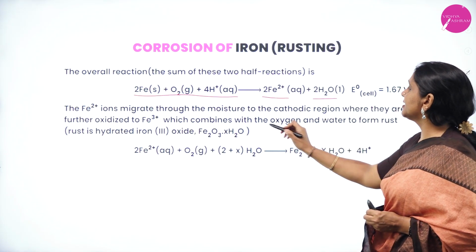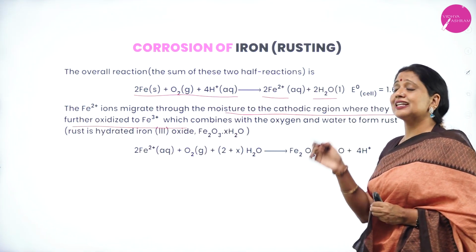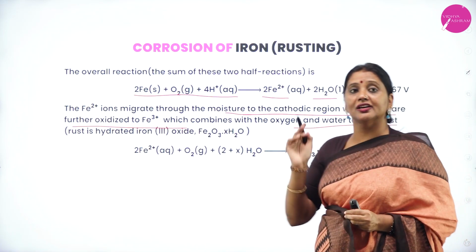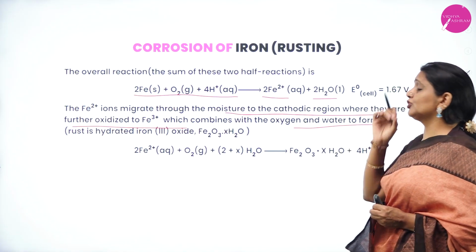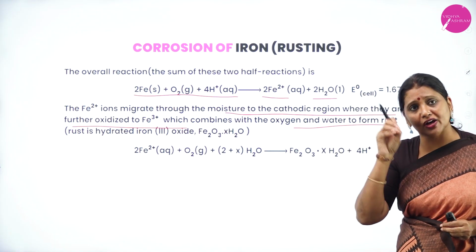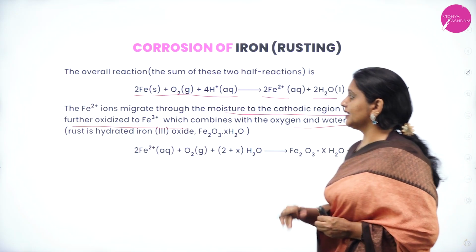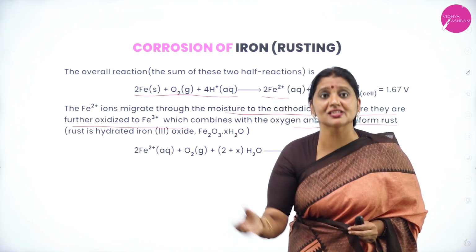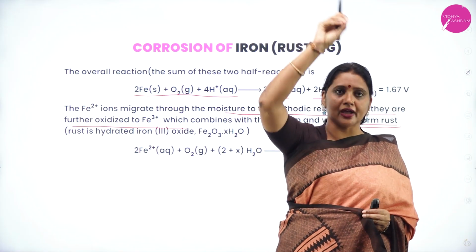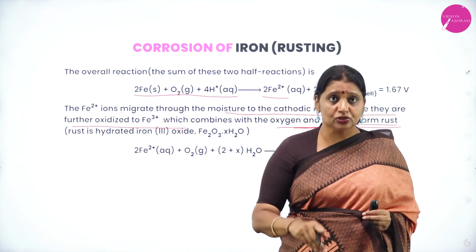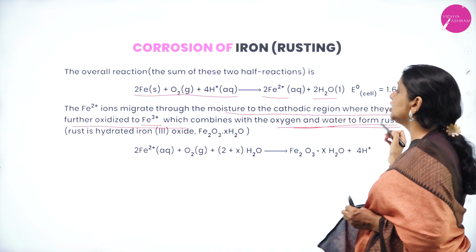These Fe2+ ions migrate through the moisture to the cathodic region, where they are further oxidized to Fe3+ and combine with oxygen and water to form rust.